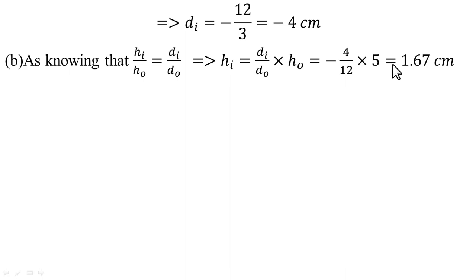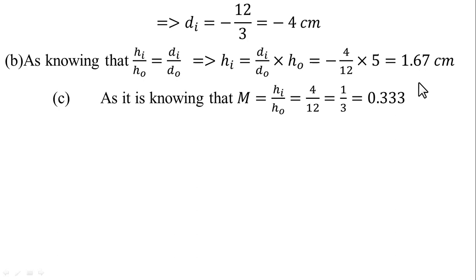So the answer is 1.67, but height of image is not negative, so that is equal to 1.67 centimeter. Now we can also find the magnification. As we know that m is equal to hi over h naught, which is equal to 4 divided by 12.